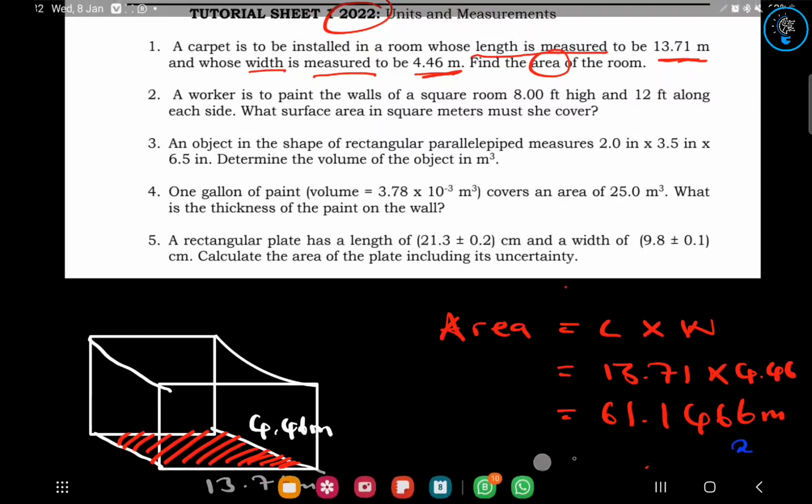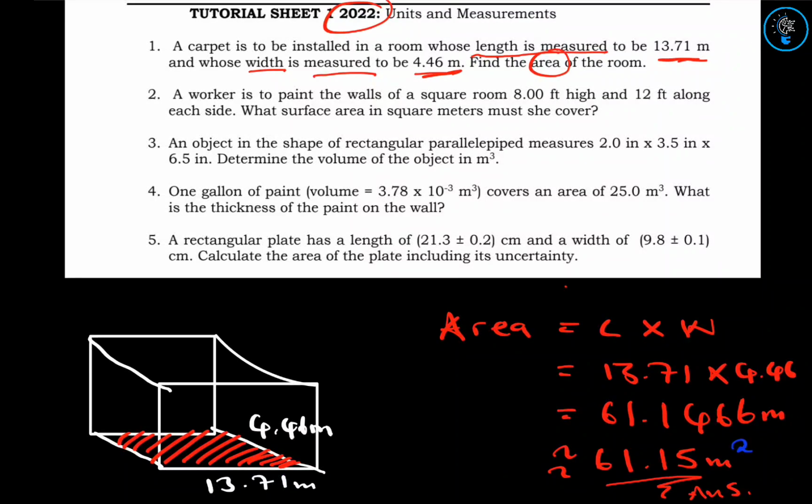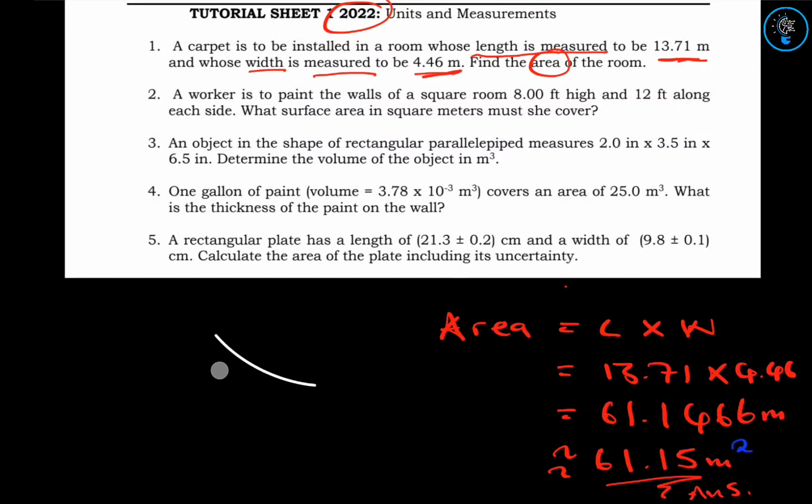Okay, let's jump to question 2. Oh, one more thing. Since the question was very simple, we need to consider everything. So we need also to consider the number of significant figures. When you look at our given values, the number of significant figures in this one is 4, in this one it's 3.